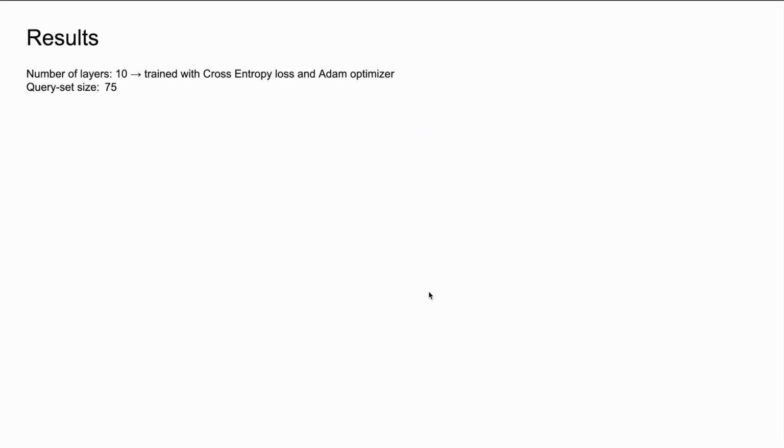In our experiment, we trained UNEM with 10 unrolled layers. We used a cross entropy loss at the end of the layers, and we used the Adam optimizer. We selected the query set size equal to 75, which means 75 samples are predicted jointly.